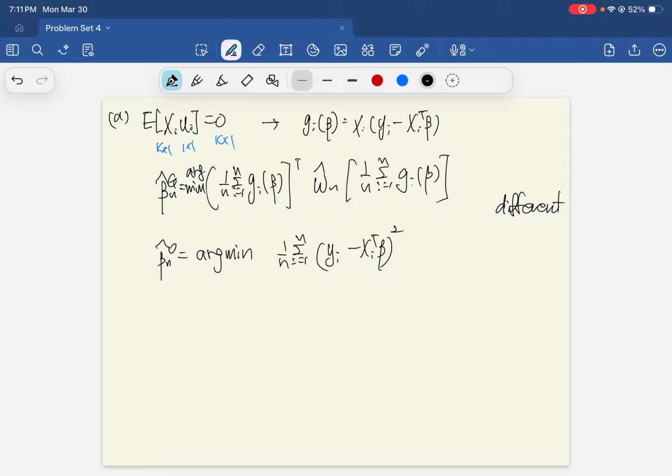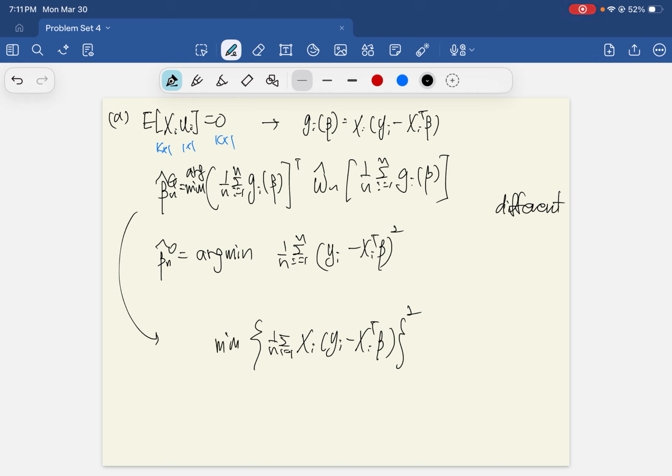Even if W is the identity matrix, think about this. If X is scalar and W is the identity matrix, the GMM minimization problem looks like this.